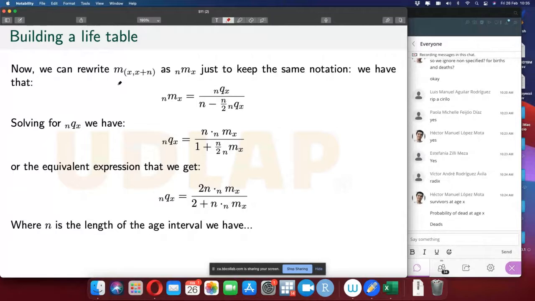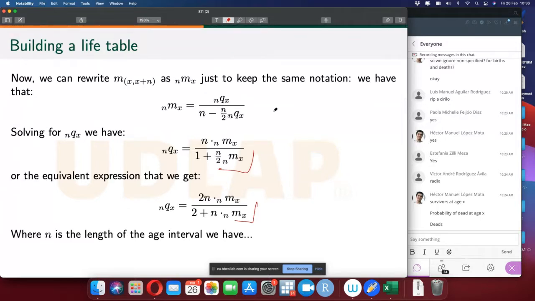So here I have one way to move from a cross-sectional analysis to a longitudinal analysis by just clearing the expression for a probability of death. So these two expressions are the same. We could use either one of these and we will reach the same results, because here I'm just using the factor of 2 to get rid of this fraction. But sometimes we actually need that fraction. So I am going to be working with this first one, but you could work with the second one.